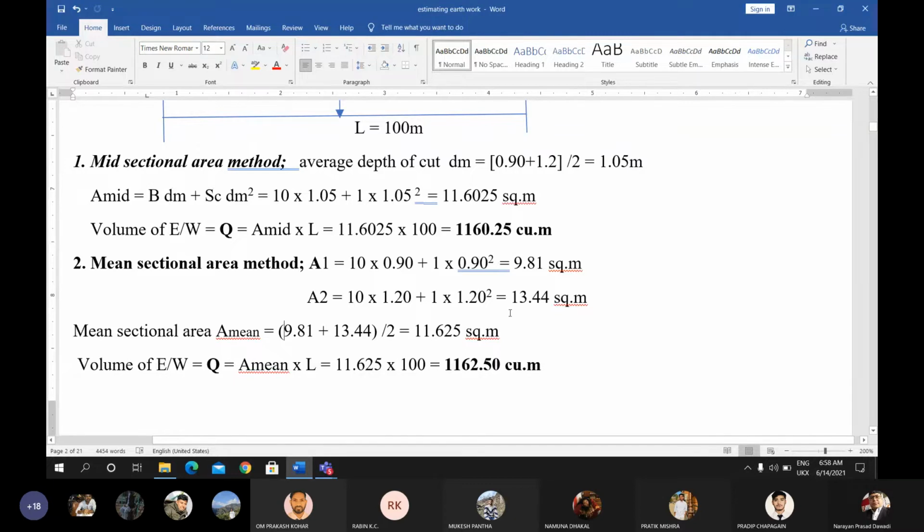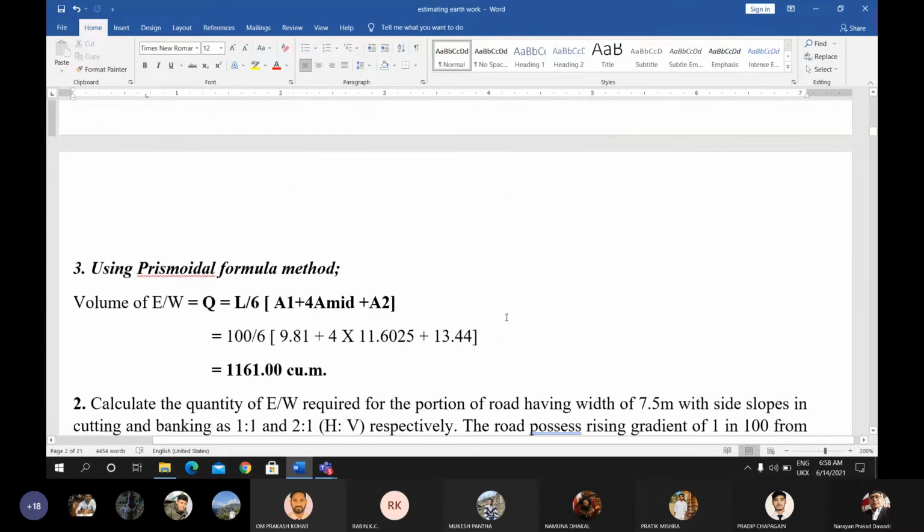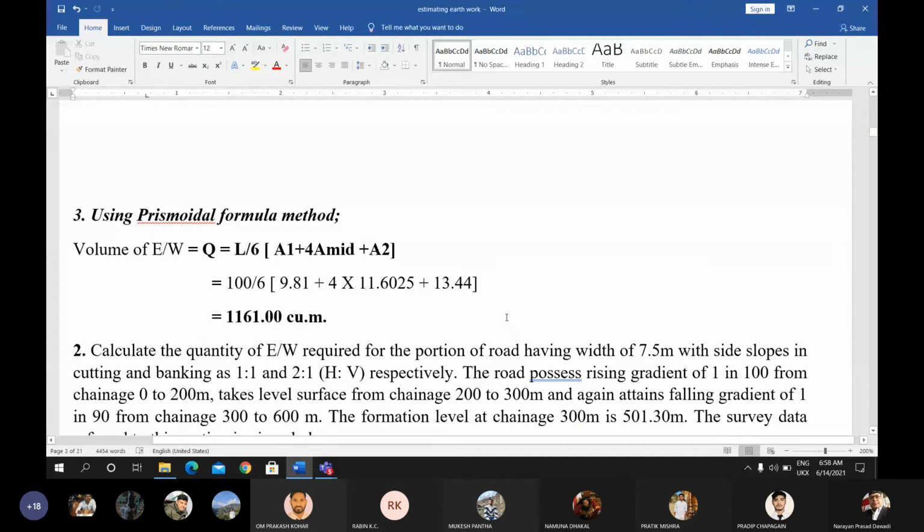Now using the third method, the prismoidal formula method, the volume of earth is calculated by Q is equal to L by 6 into A1 plus 4 area mid plus A2.